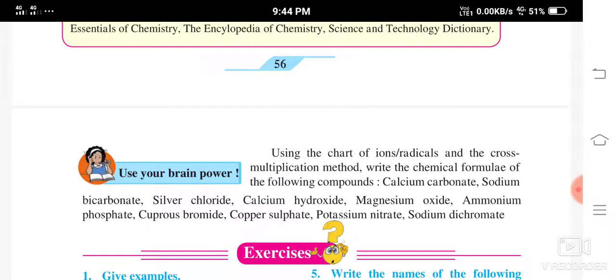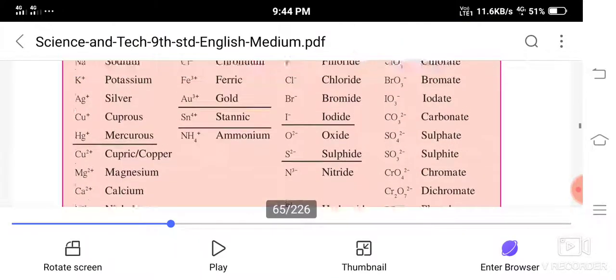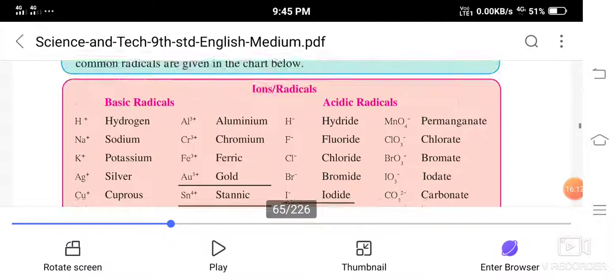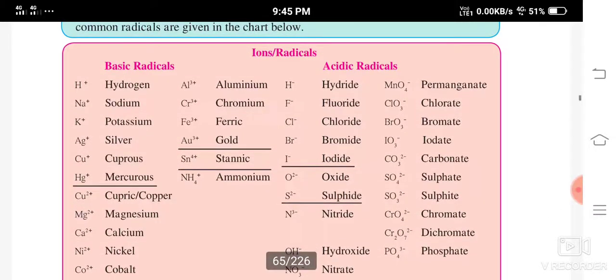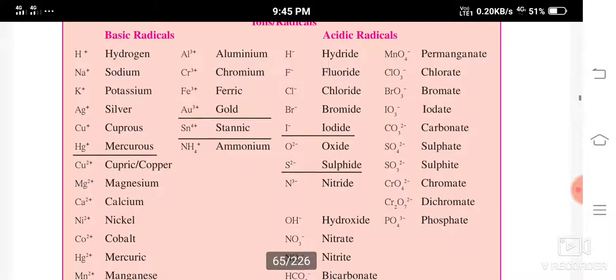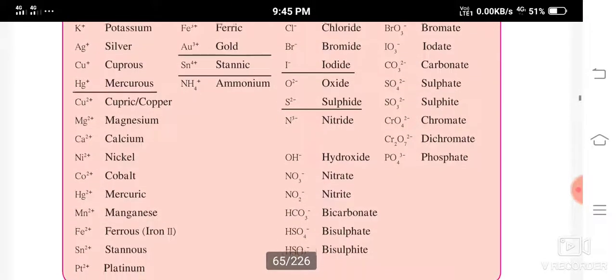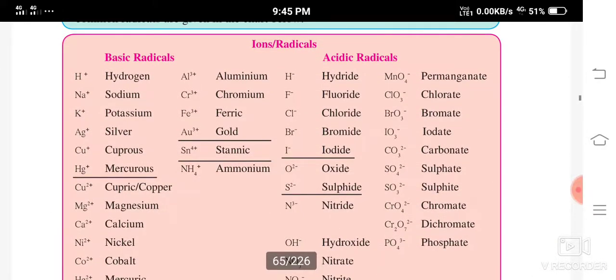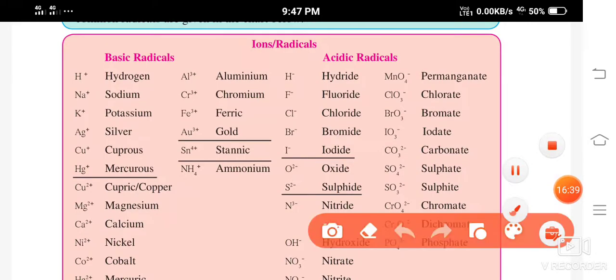We will see ammonium phosphate. Now see, NH4 plus, again you can see the valency is 1.